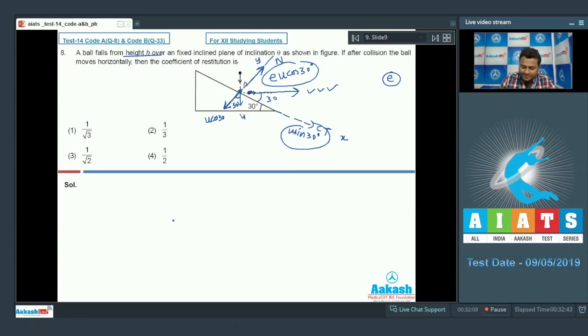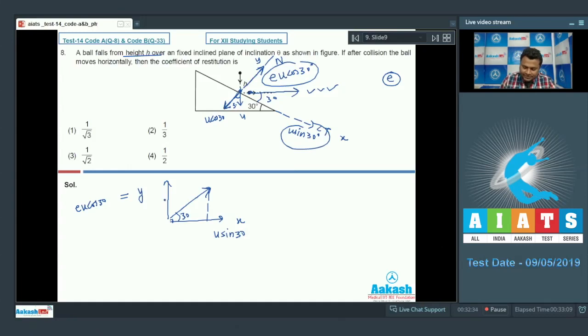I can rearrange the diagram. This is suppose x, this is suppose y, and this is the resultant direction of velocity. Angle 30 degree. The resultant is making 30 degree with x according to the diagram. So along x the speed is u sin 30, along y it is e times u cos 30.